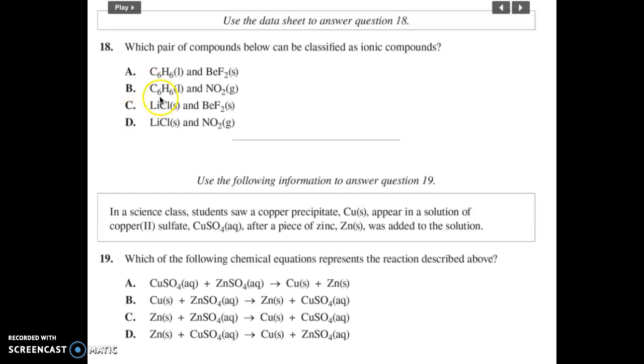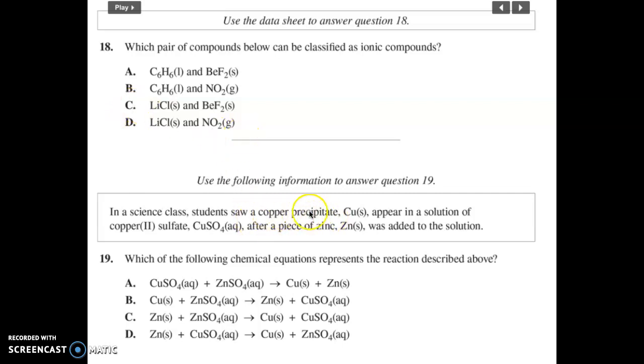And this would be hexacarbon hexahydride. So it's got to be this one with lithium chloride and beryllium fluoride, because we crossed out the other two. So this is a metal and a non-metal. Metal and a non-metal, we're good. So that's ionic, C.